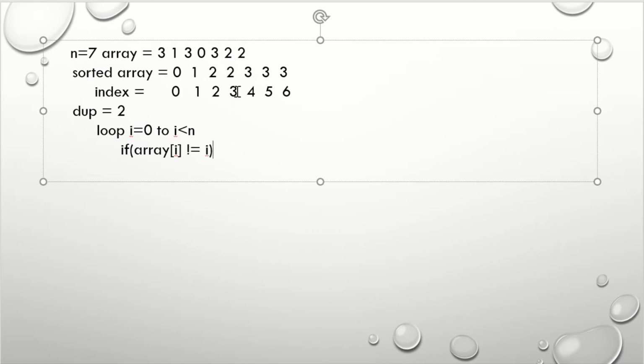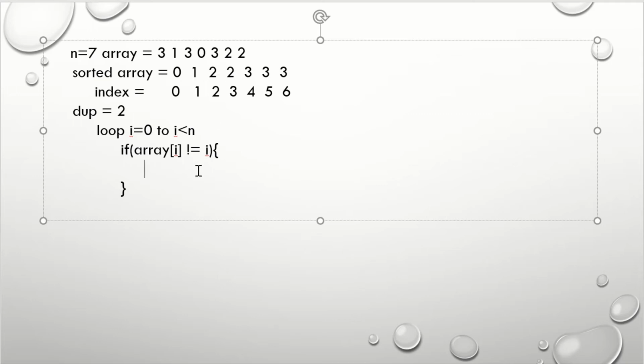If there is a mismatch between the index and this value, let's move into the condition. In the condition, we have checked the index with this value, now we have to check it with the previous value.